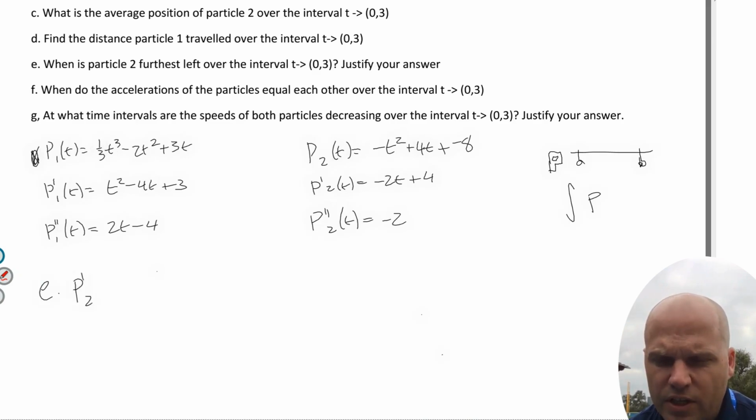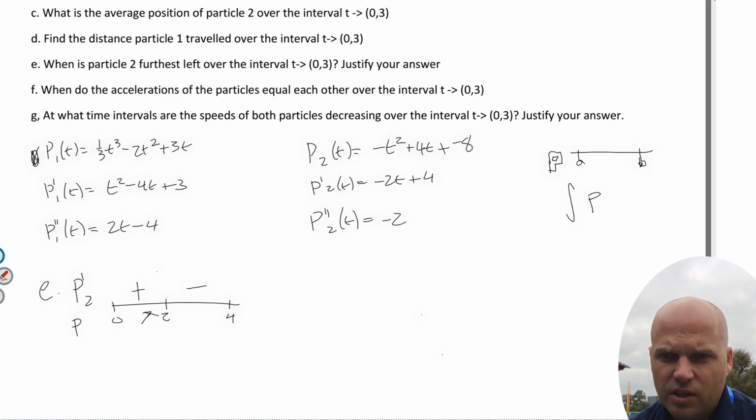Particle 2's derivative needs to be analyzed. I can see it's got a 0 at 2. I can see that the derivative is going to be positive until 2, negative after 2. My position is going to be increasing or decreasing.